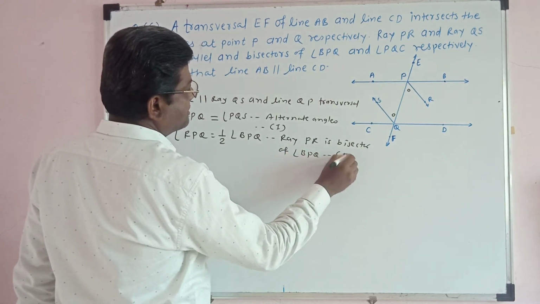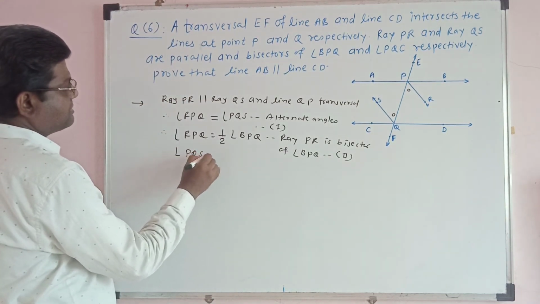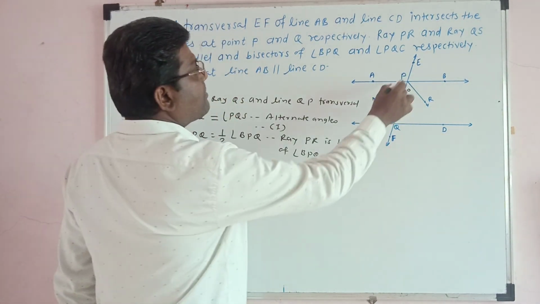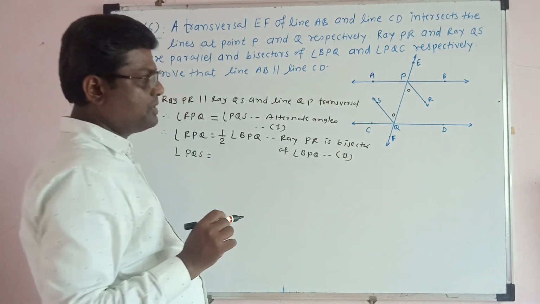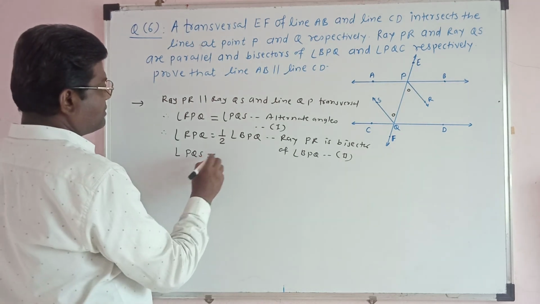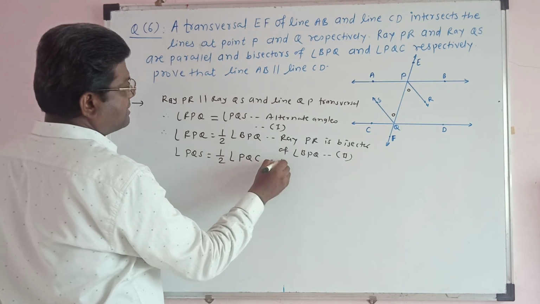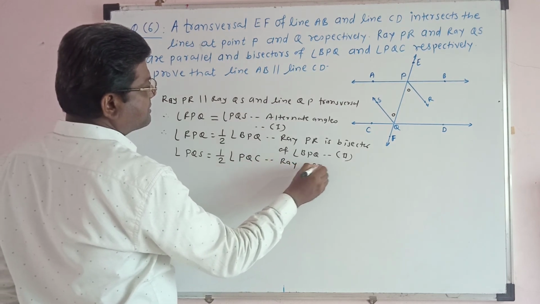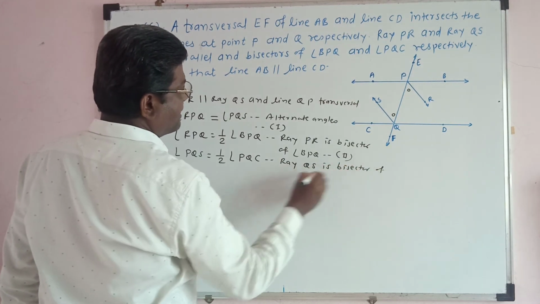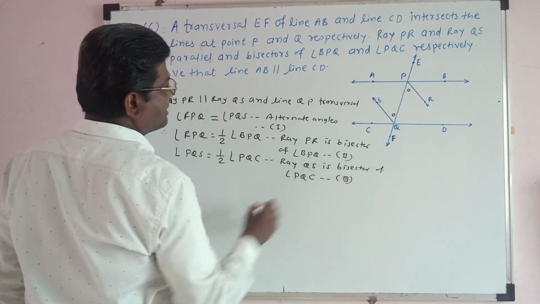This is equation number 2. Now angle PQS, this angle is half of angle PQC because ray QS is a bisector. So angle PQS is equal to half of angle PQC. Reason is ray QS is bisector of angle PQC. This is equation number 3.